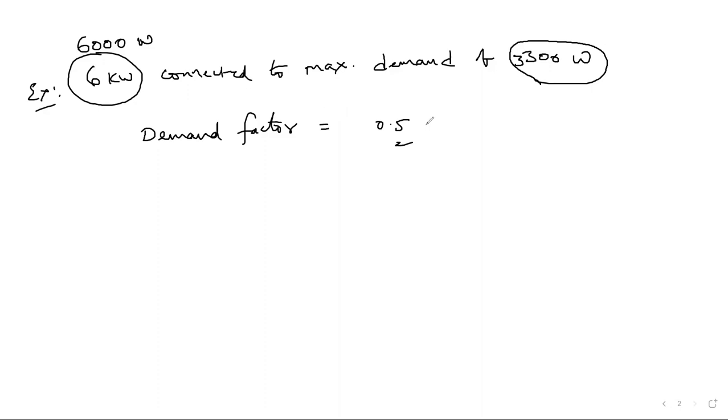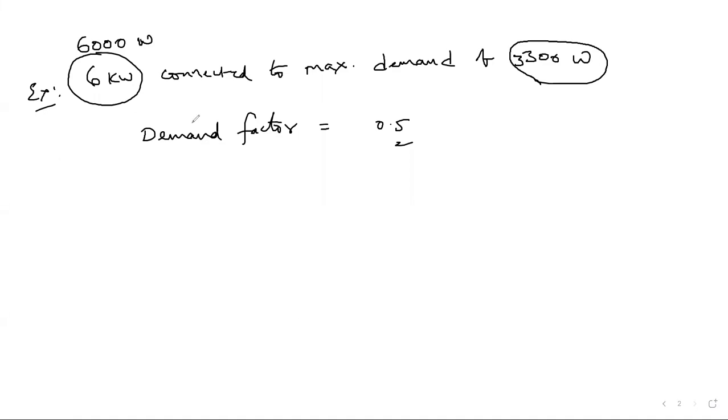So the demand factor should be understood by all of you. It indicates that when the demand factor is lower, the system capacity to serve the connected load is very much lesser. Then we will go for the next.